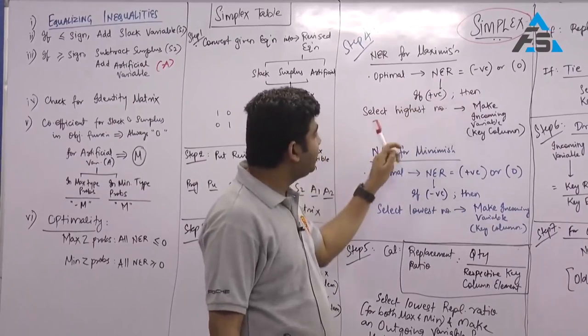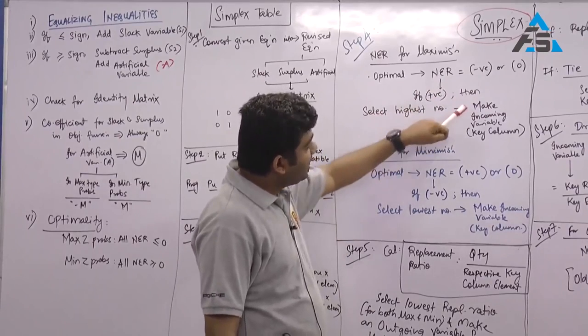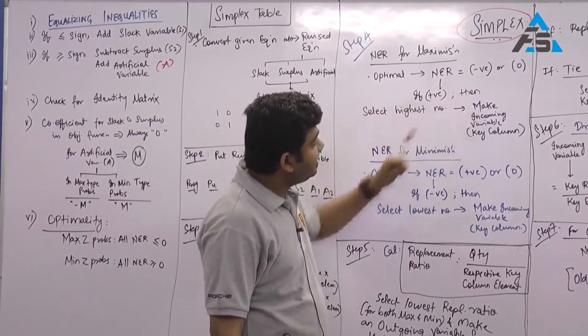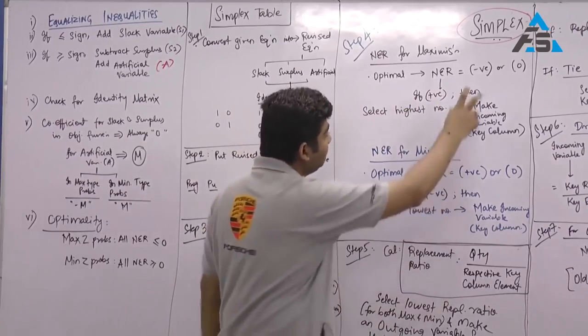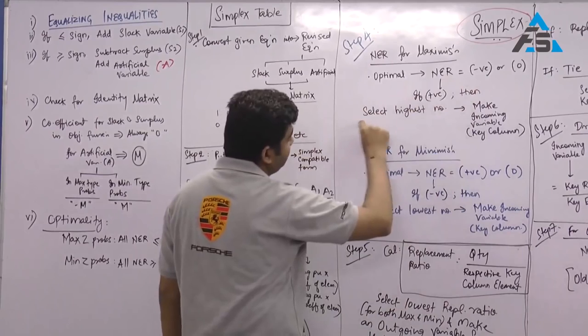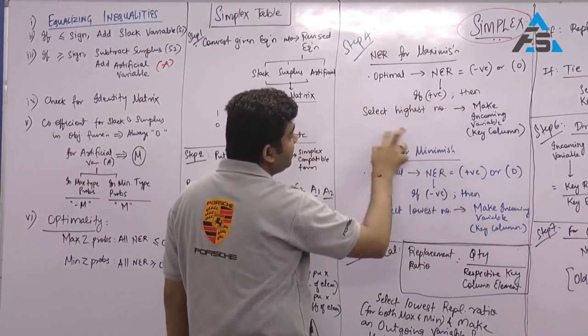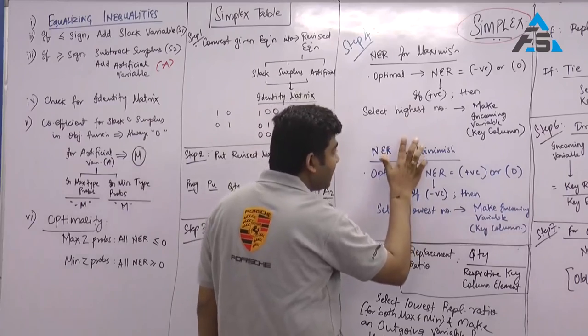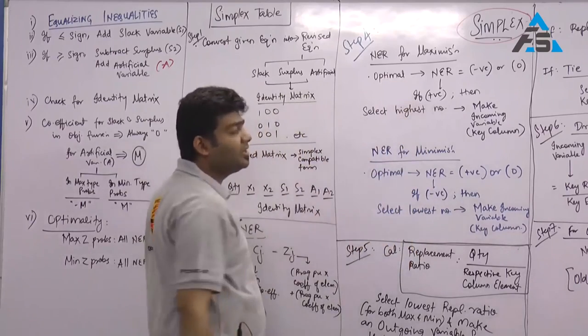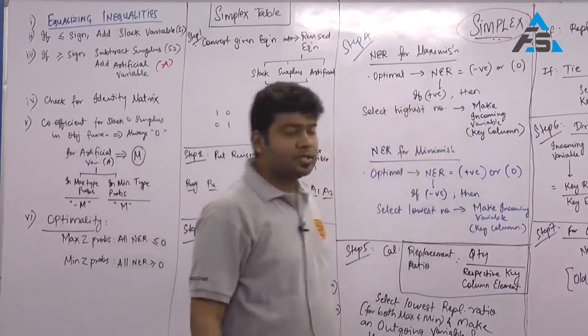If positive, then select the highest number and make an incoming variable from that highest number. So maximization type problem, then NER positive: तो जो भी NER मेरा positive आया है, उस positive NER में से highest number select करने का and make an incoming variable from that number, the key column.